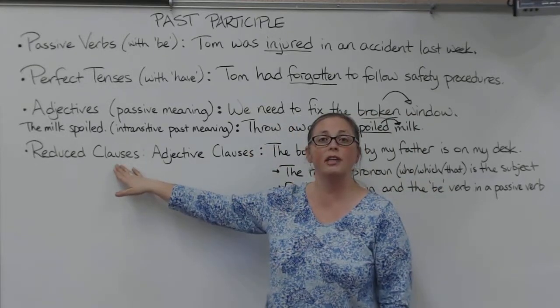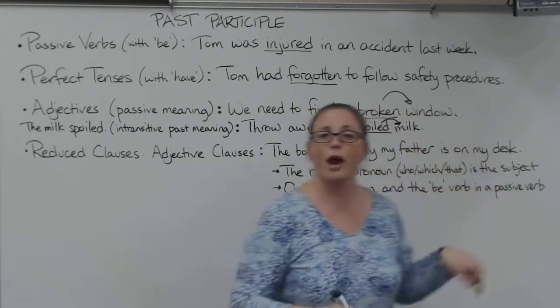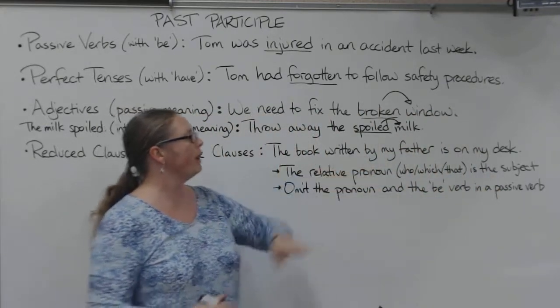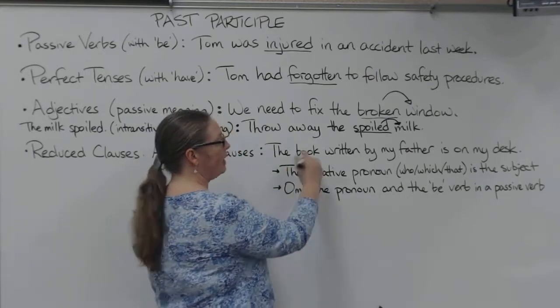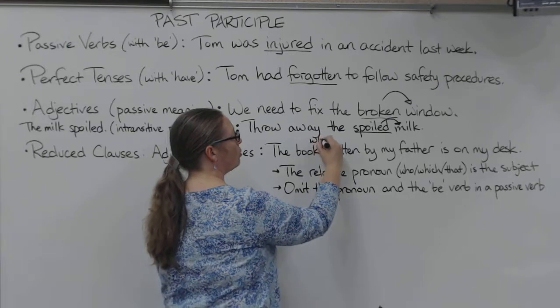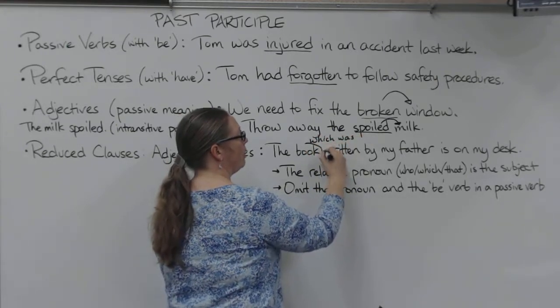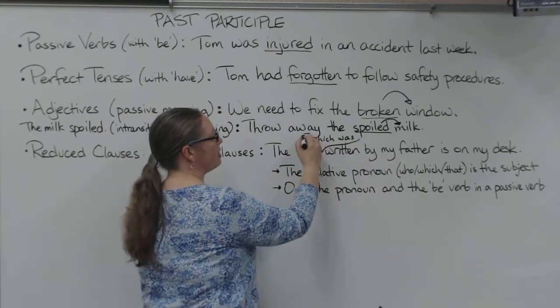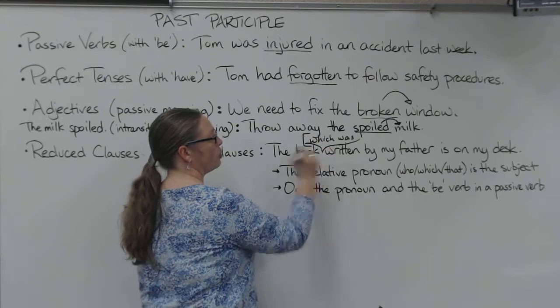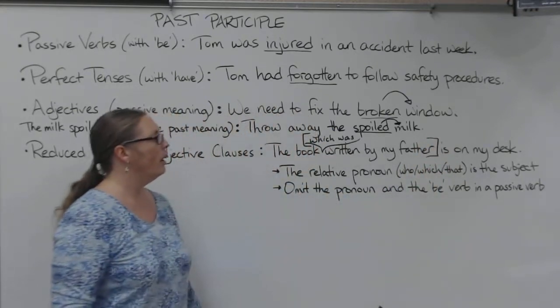Finally, reduced clauses. Adjective clauses, when you have a clause that describes a noun. The book written by my father is on my desk. This is reduced. The complete form, the book which was written by my father is on my desk. This is an adjective clause. Starts with which, ends with father.